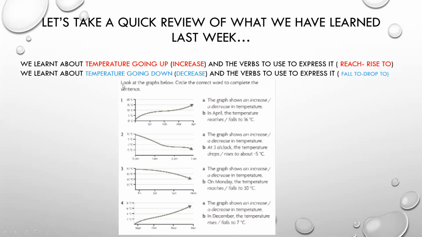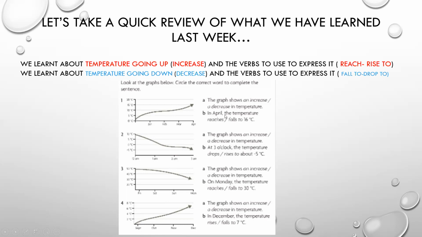Now, by looking at the graphs below, we can complete the correct word that explains these graphs. I'm looking at the first one. Is the temperature going up or down? So the graph shows an increase or decrease. The graph shows an increase.